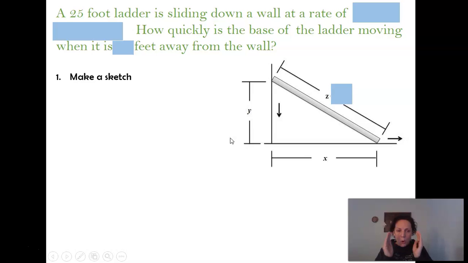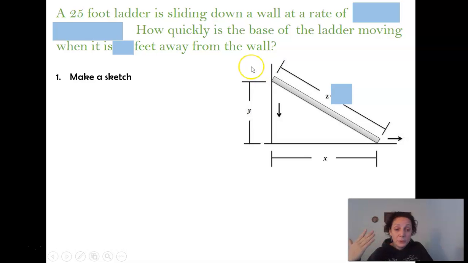So at any moment, if you took a snapshot of this situation, there would be a certain distance, a certain height that the ladder was on the wall. They're calling that y. And there would be a certain distance out away from the wall that the base of the ladder is. They're calling that x. But also at any instant is the rate at which it's falling.